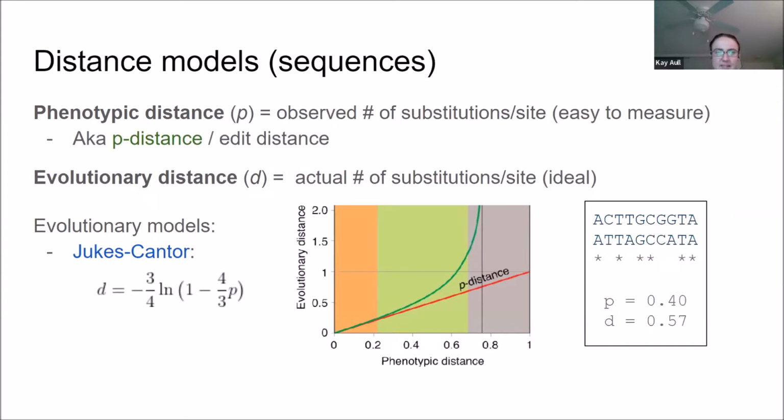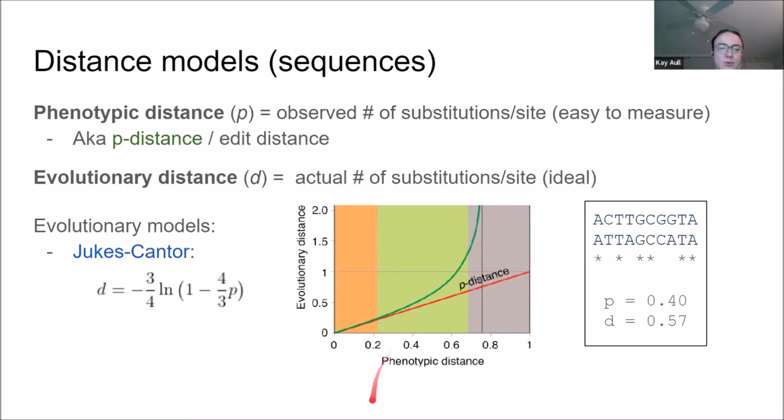One measure of distance is just the observed number of substitutions per site. That's a nice, easy thing. That's edit distance we've talked about. Something to be aware of if you are using that sort of distance metric is that it is only linear with evolutionary distances when things are closely related.